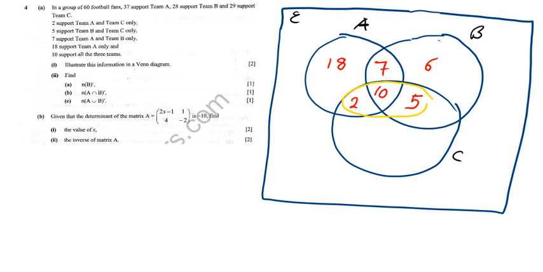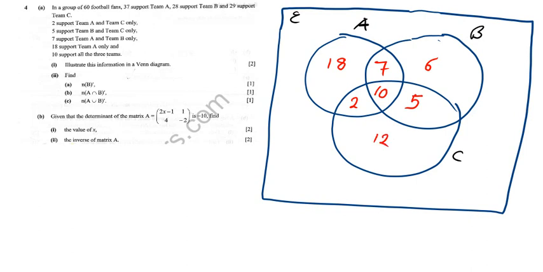We are getting 17. We subtract that from the total of 29, which is for C. So 29 minus 17, we are getting a 12. So in set C, we have 12, like that.